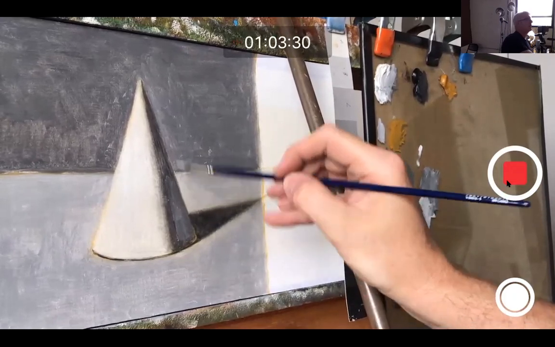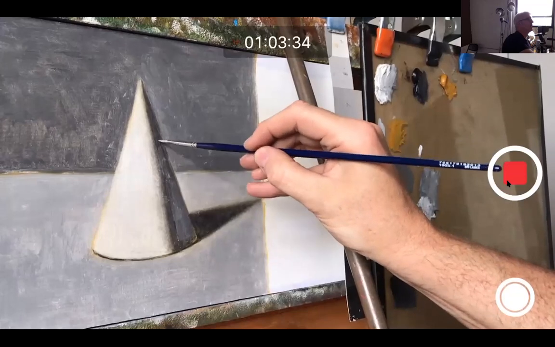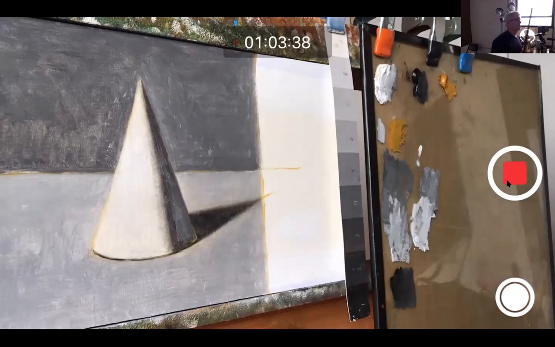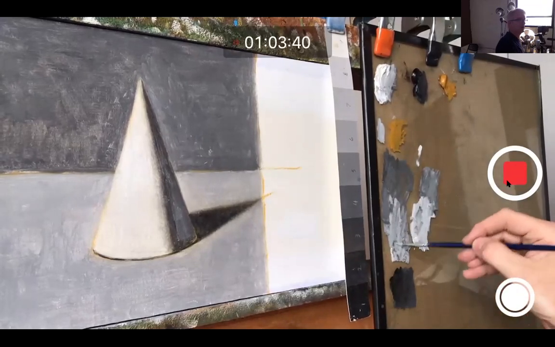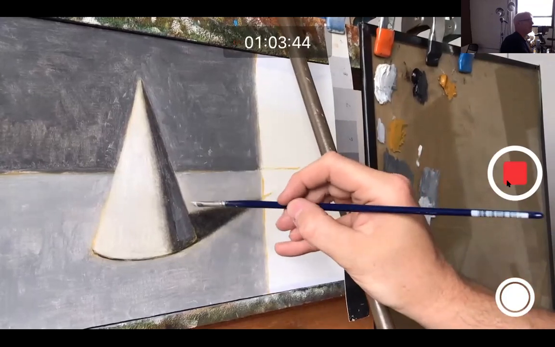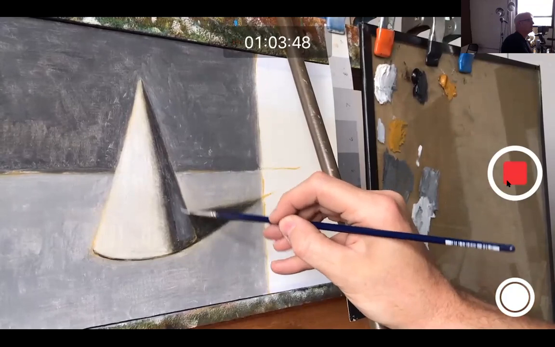The reflected light trails off or diminishes as we move up the cone, and the cone gets further and further away from reflecting surfaces. But it's quite strong near the bottom of the cone.